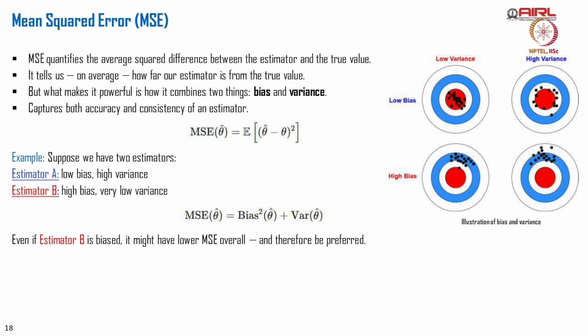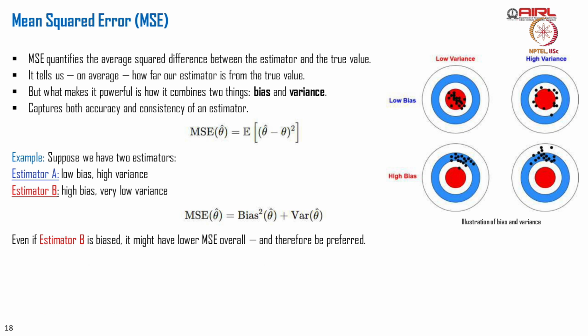Accuracy talks about how close you are, and consistency is how reliable your measurement is. Ultimately, we want something with low bias and low variance. You have 4 choices: low bias with high variance, low bias with low variance, high bias with low variance, or high bias with high variance.